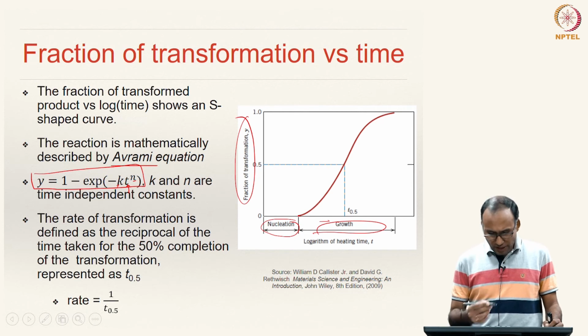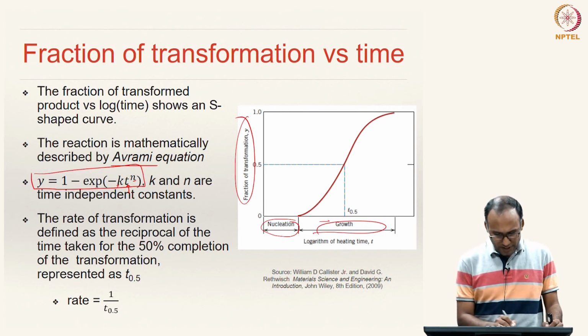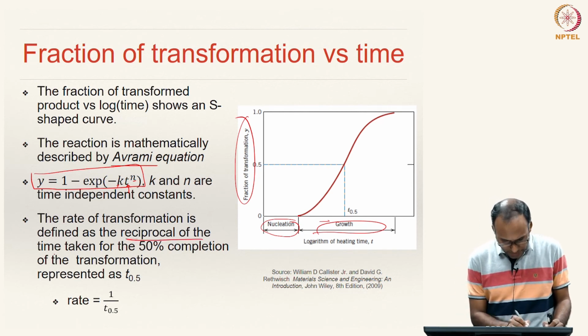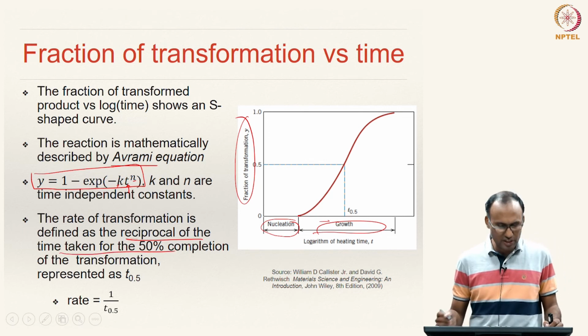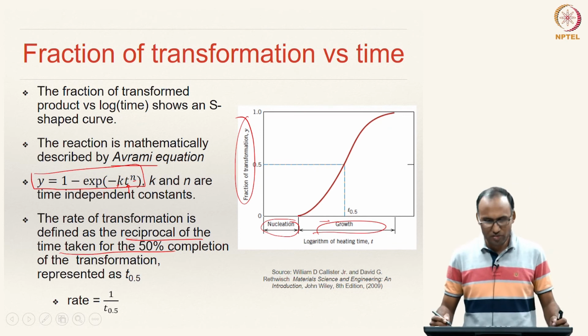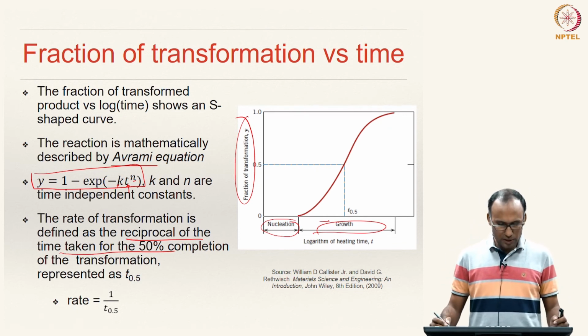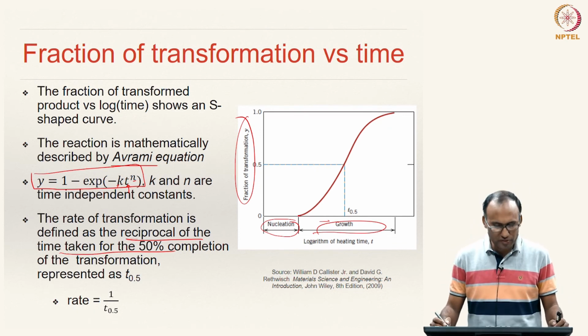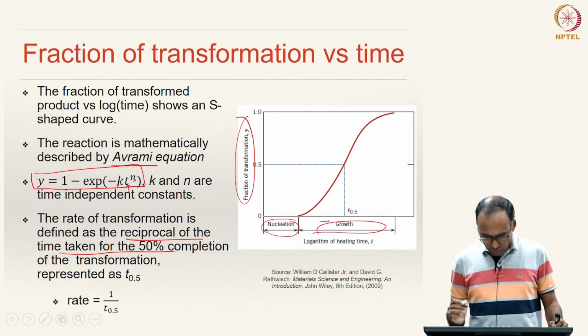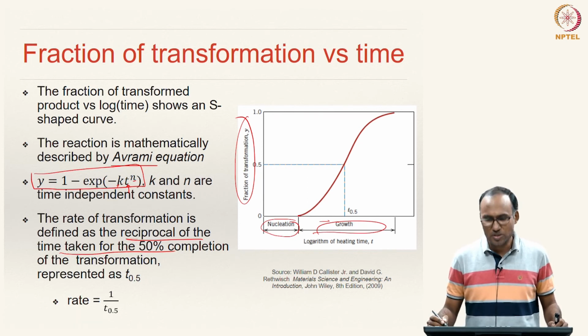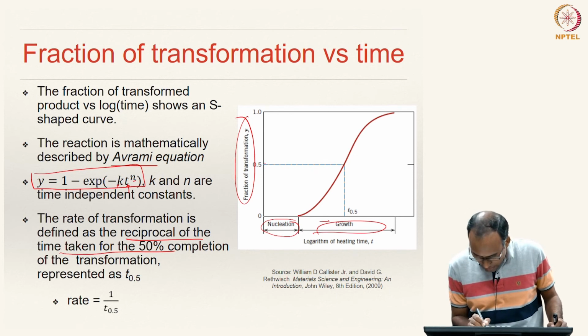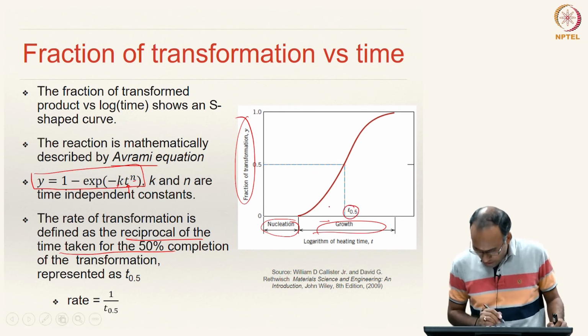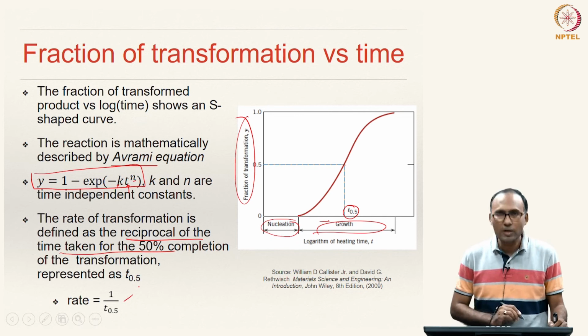Here the rate of transformation is defined as the reciprocal of the time taken for 50% completion of the transformation, represented by t0.5. So, if you can see here, this is the time taken for 50% completion of the transformation, then the rate is described as 1 over t0.5.